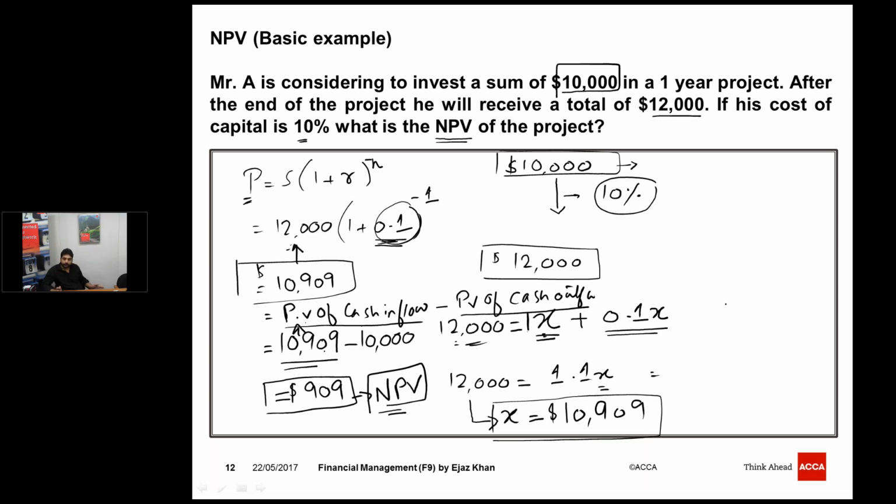Did you get the example? Did you understand what the concept of net present value is? Okay, great.